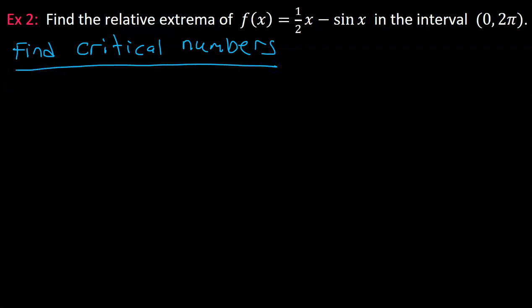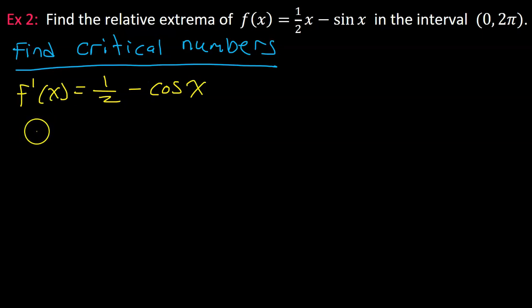And remember, the critical numbers are where the derivative equals 0 or is undefined. So that means we're going to need the derivative. The derivative of 1/2 x is just 1/2. The derivative of sine is cosine. Memorize that. So here is the derivative.